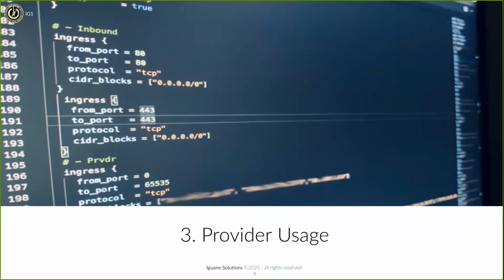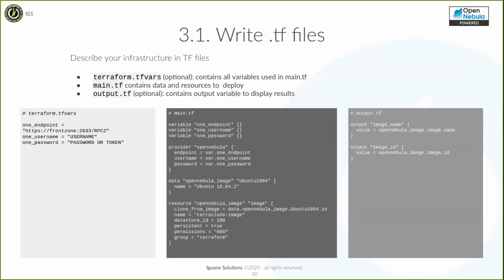So now, how to use it. It's relatively basic. There are not a lot of parameters as input. You just have to create a few variables to reach the endpoint: the endpoint URL, the username you want to use to reach the platform, and the password, or the token.